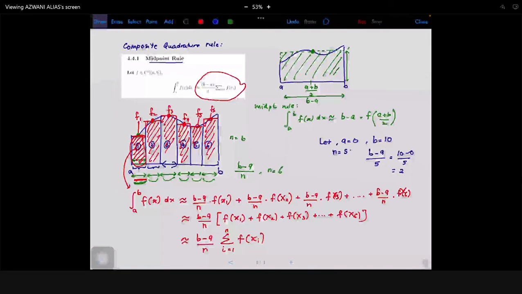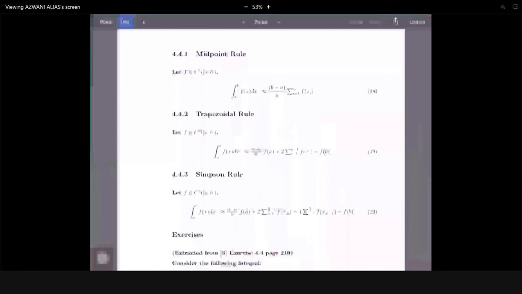konsep dia sama je kalau trapezoidal pun sama. Okay. Trapezoidal, so saya akan ambil gambar lagi sekali.